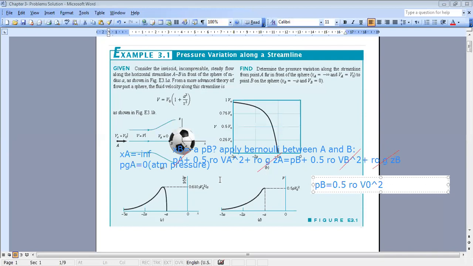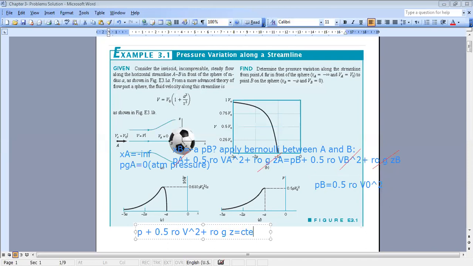So now, when you write Bernoulli, what are your different terms? You know, when I say PA, this represents which pressure? So in the Bernoulli equation, you have the following: P plus half rho V square plus rho g Z equal to constant.